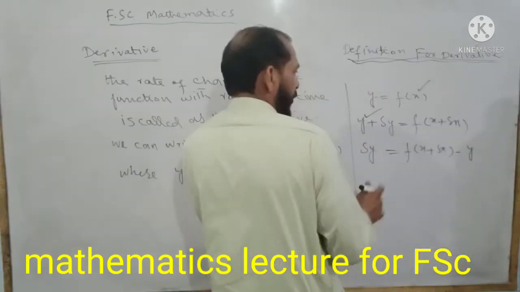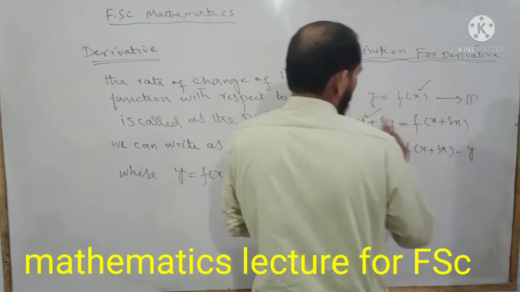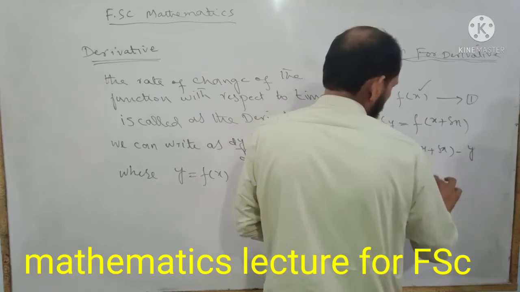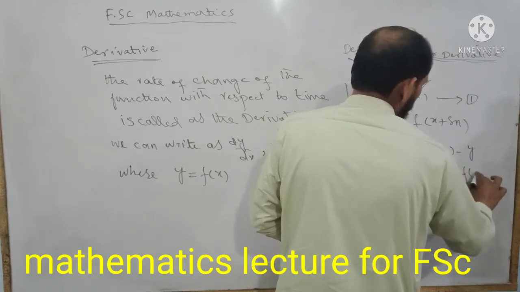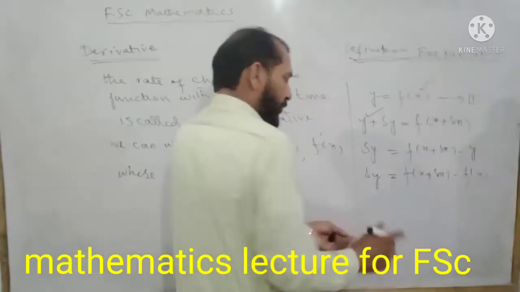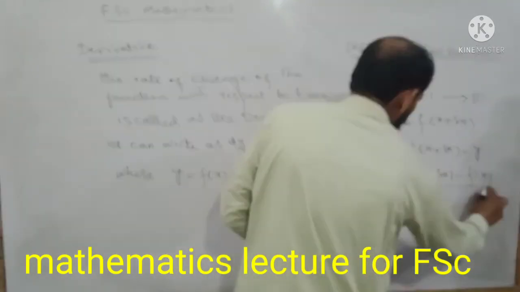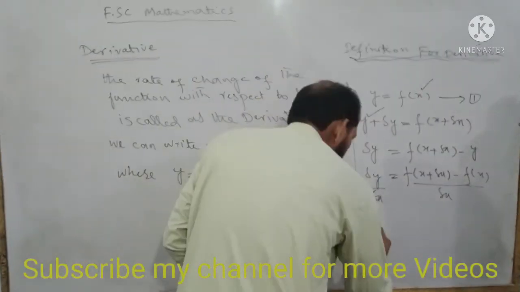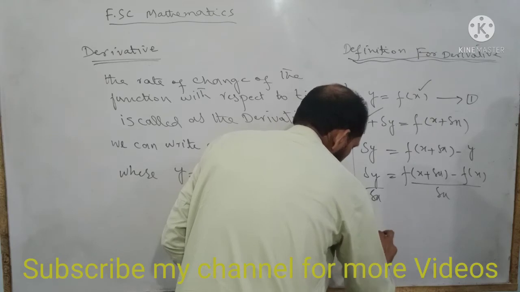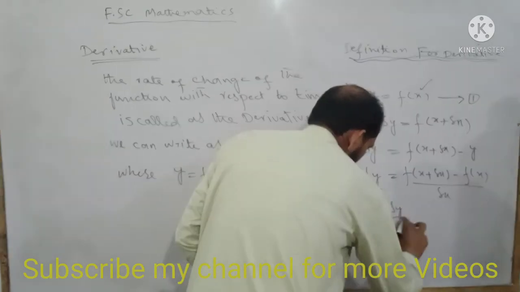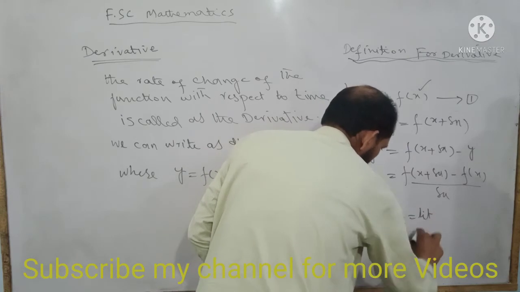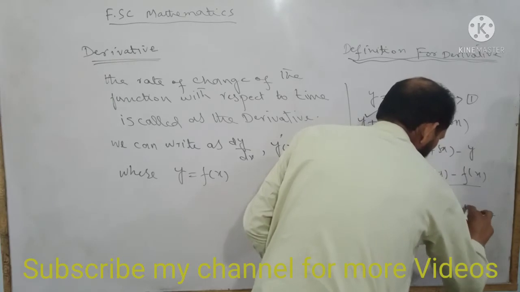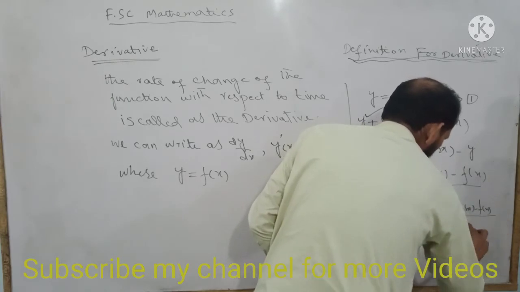This is the second step. So we can put the values: y is equal to f of x in these equations, f of x plus del x. Then we divide by del x on both sides. Now, after this, we take the limit on both sides with respect to del x. f of x plus del x minus f of x over del x.